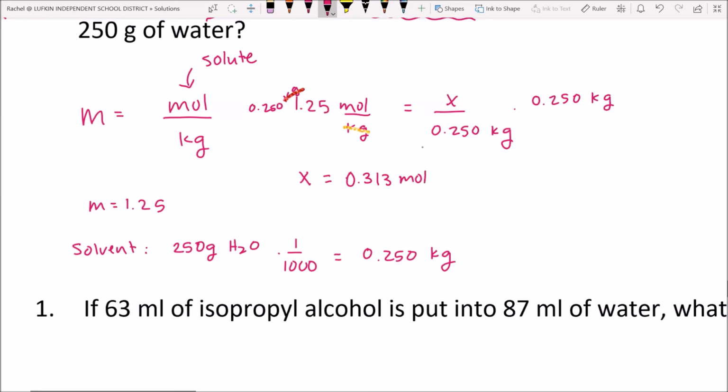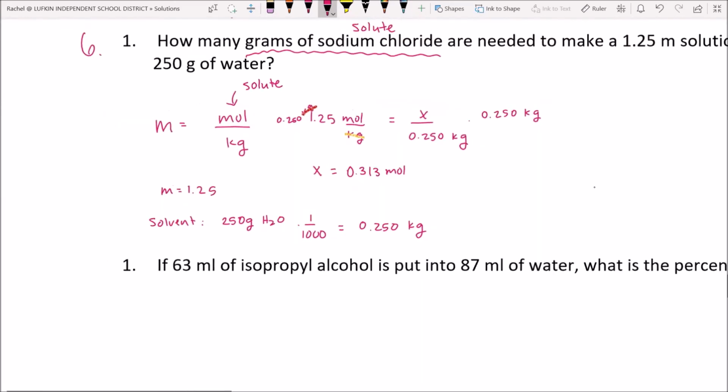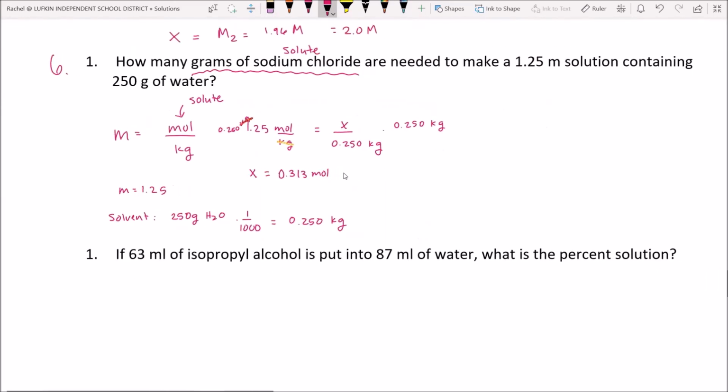Okay, 0.313 moles, and it asked for how many grams. So we're gonna take that mole and multiply by whatever molar mass NaCl is, because sodium chloride is NaCl. So you would add up their molar masses, right? 22.99 and 35.45. That's not a fun one to add up. I think it's 58.44.